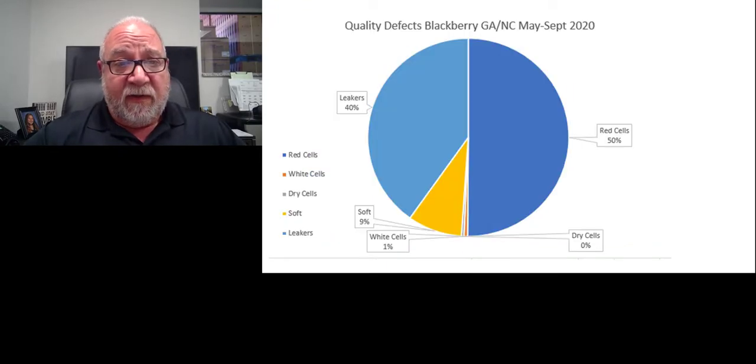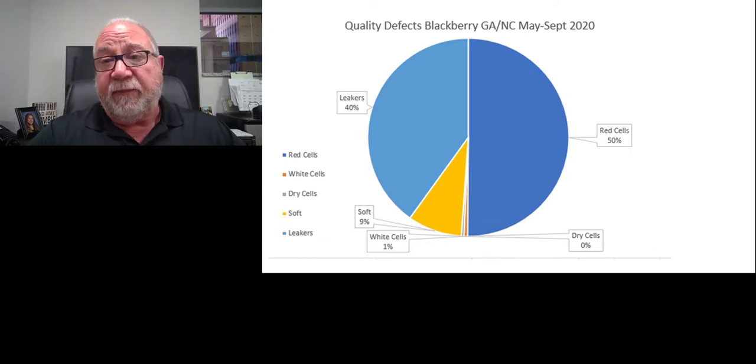This is the one for Mexico, and this is the same, but for Georgia and North Carolina fruit that we received this year from May to September. Here you can see that of all of these defects that we had, 50% were red cells.